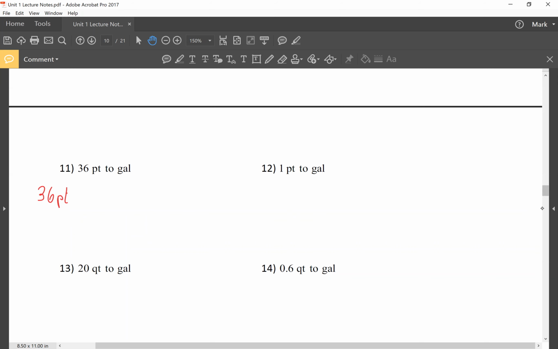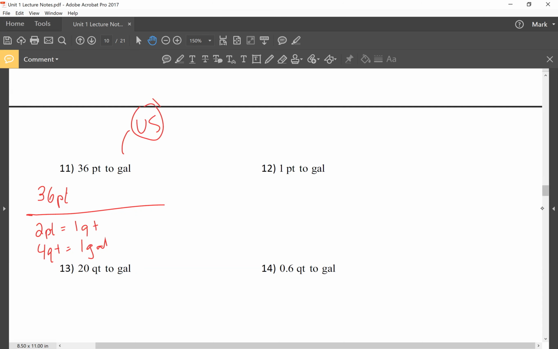Okay, well, much smaller than 36, but I'm going to make a little note here that there are 2 pints in 1 quart, and there are 4 quarts in 1 gallon. One thing that's important, unless I say otherwise, we are using US gallons.